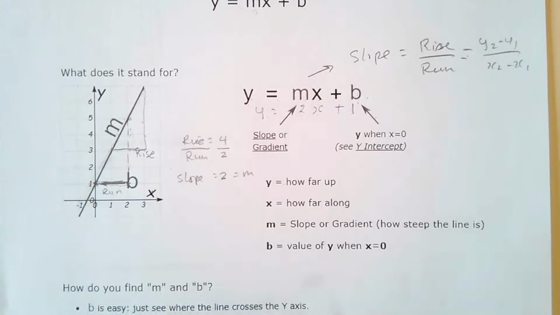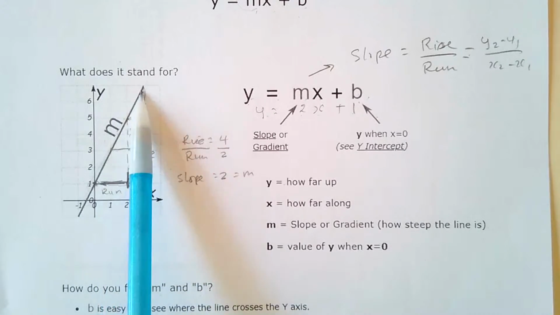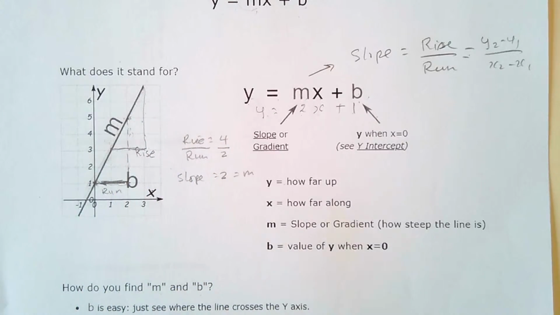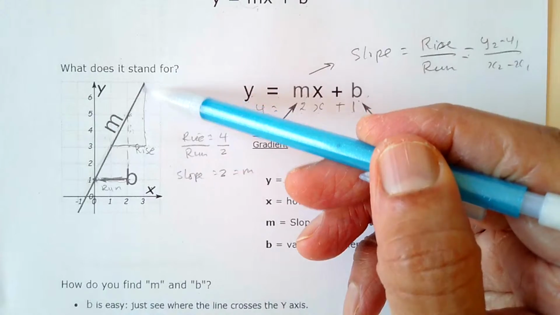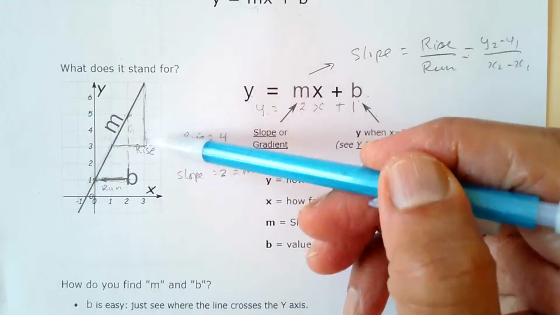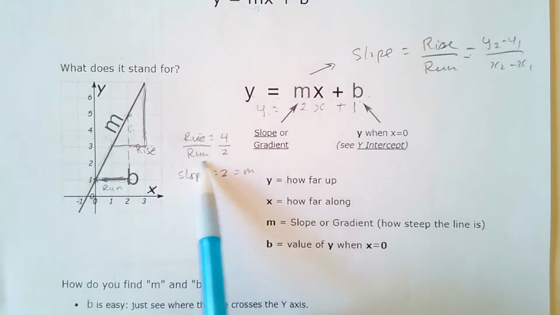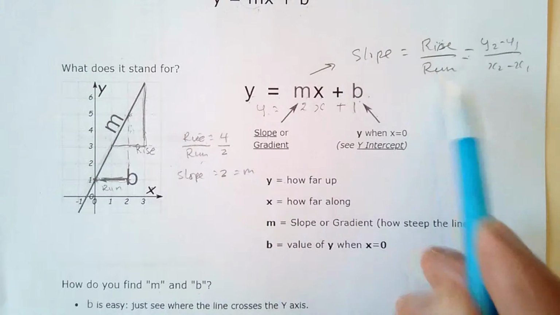We can derive the slope by selecting 2 points on the line, and then we construct a right triangle using those 2 points and find the rise over the run. That's your slope.